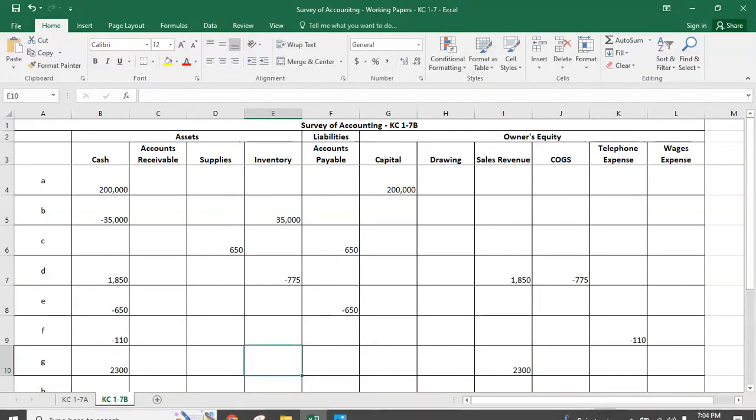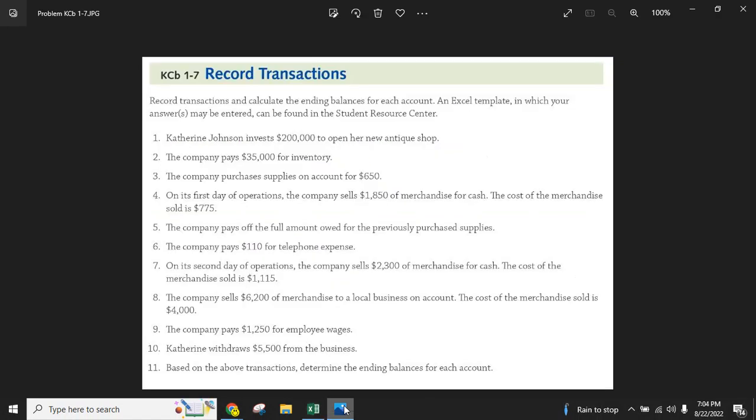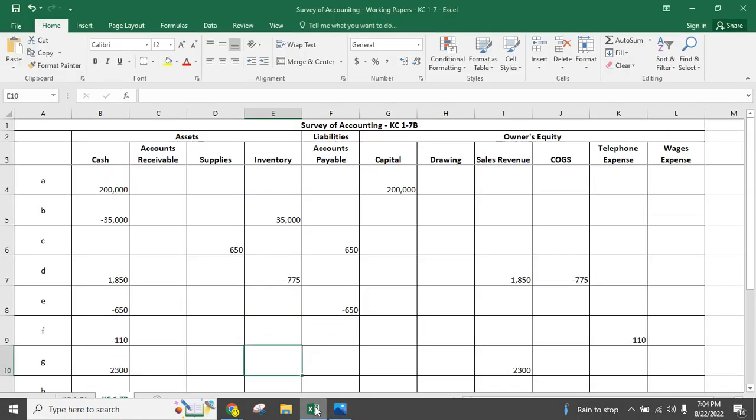We have to remove the cost of goods sold amount from our inventory, which was $1,115. We want a negative sign in front of that one. And our cost of goods sold over here is going to be negative $1,115.